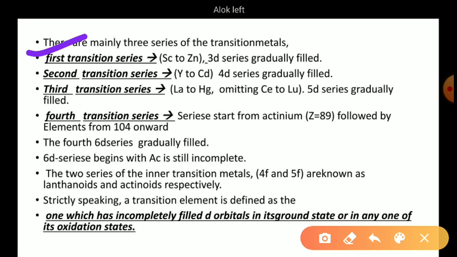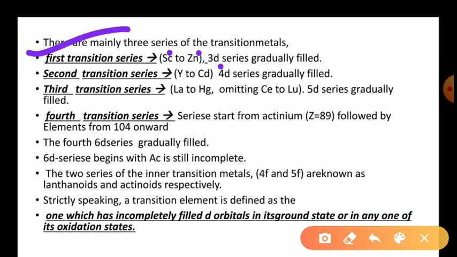The first transition series, scandium to zinc, is your 3d series, gradually filled. The second series is yttrium to cadmium, and the third series is lanthanum to mercury. The fourth series, starting from actinium, is incompletely filled.